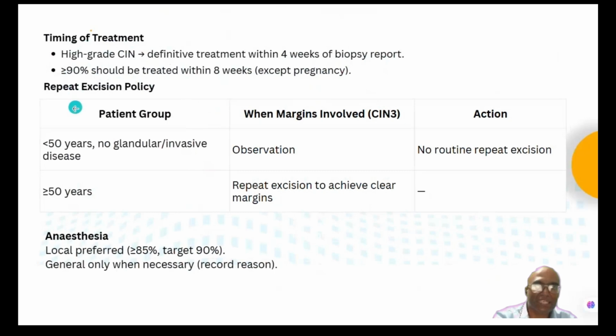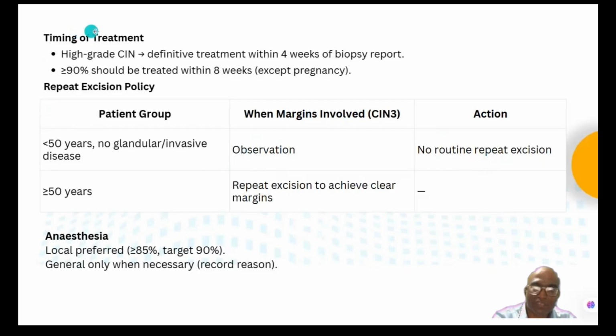Repeat excision policy. After 50 years of age, repeat excision to achieve clear margins. But if she is less than 50 years and there is no glandular or invasive disease, then you can keep her for observation. No routine repeat excision is advised.